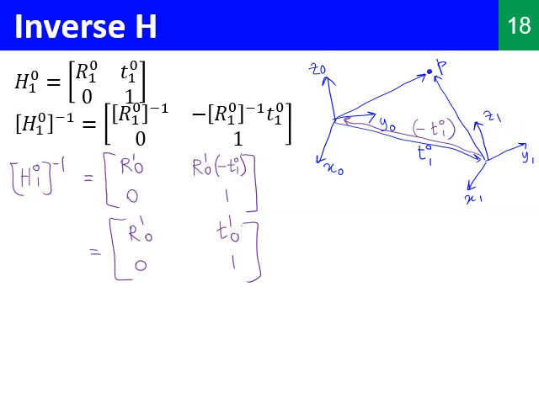Okay, so I have a matrix with R10 and T10, just similar to what we have here. So what is this matrix then? It's going to be H10. So we proved that H01 inverse is equal to H10, similar to what we had in rotation matrices.